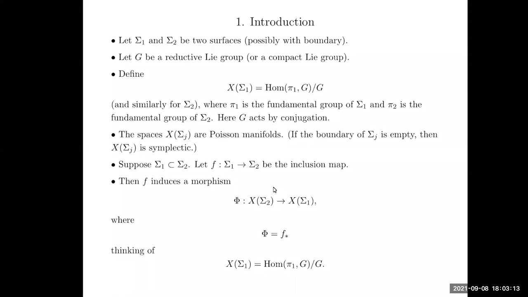And these spaces are Poisson manifolds. In the case where the boundary is empty, then they are actually symplectic.